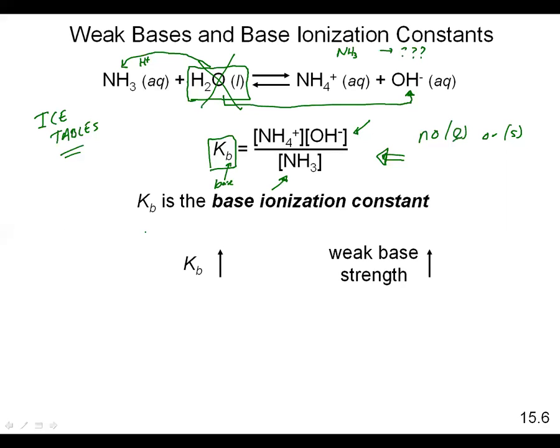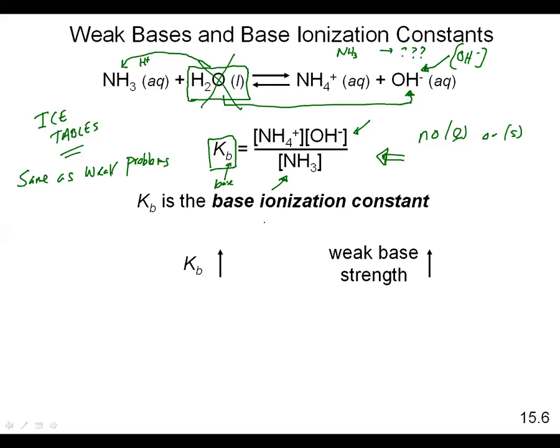These problems are done just the same way as our weak acid problems. The only difference is when you look at the product side, you have OH minus, not H plus.